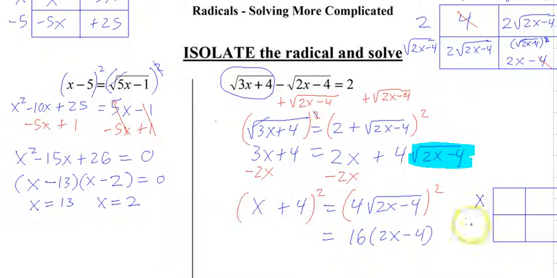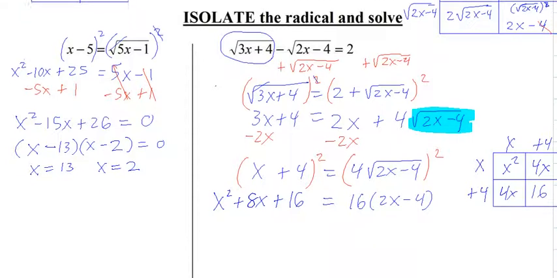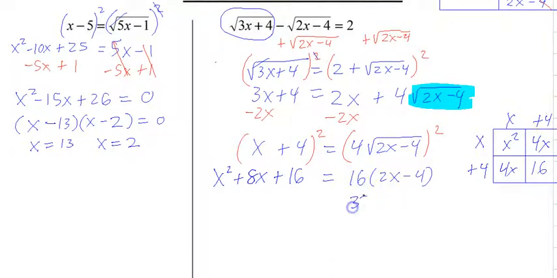I told you these were tedious. They're long. So we have x squared, 4x, 4x, and 16. So putting all that together is x squared plus 8x plus 16. And now if we distribute, we get 32x minus 64 equals, and now we have no more radicals.